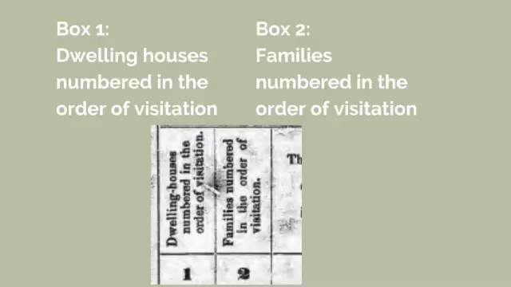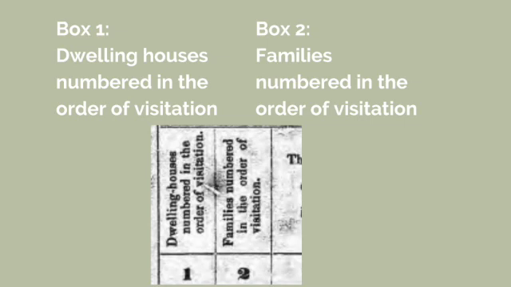But in the first blank, the dwelling house numbered in the order of visitation. So the census takers number the houses from 1 to 500 or whatever in the order they come to them, not in any kind of geographical order. Well, they go by their enumeration district. But then within their enumeration district, they number the families, or they number the houses, as they come to the houses.